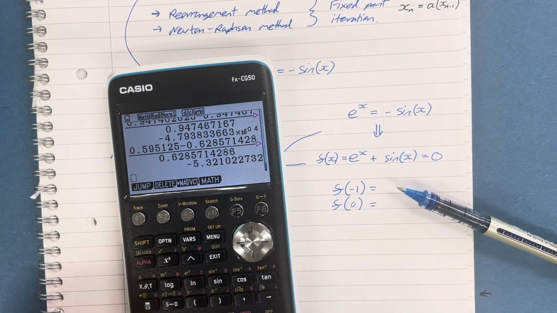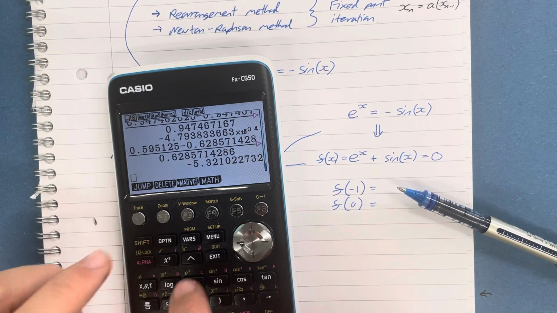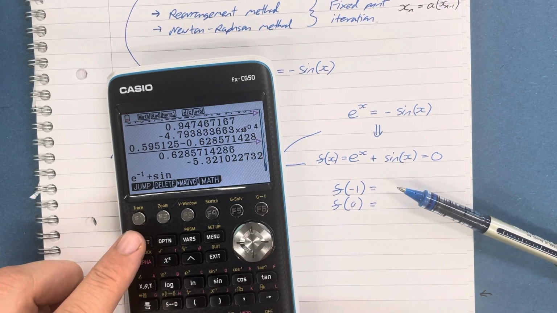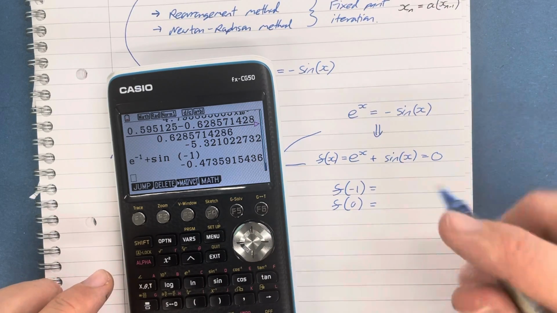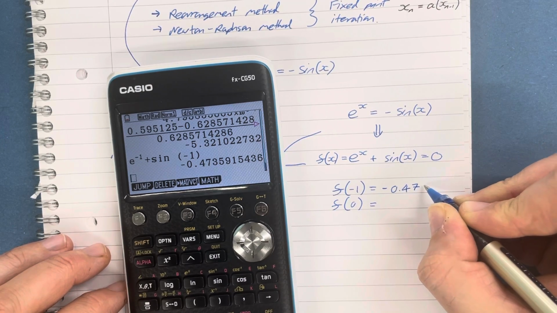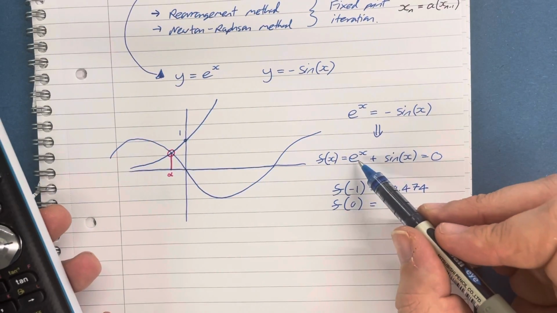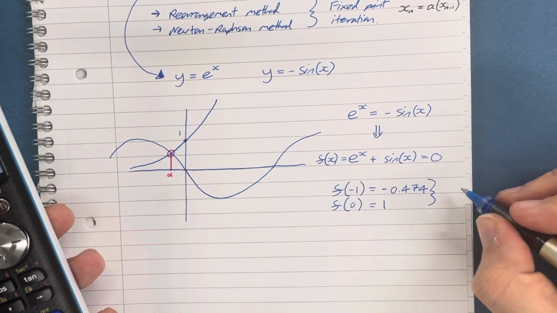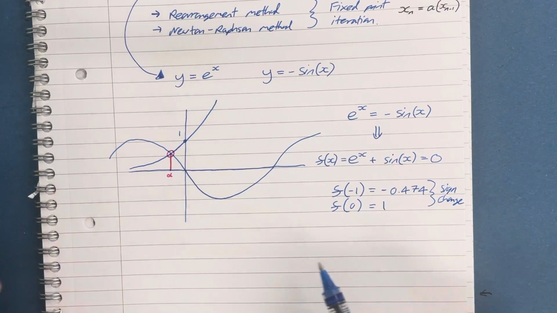So I calculate e to the power minus 1 plus sine of minus 1, and I'm in radians for this, I get minus 0.474. It doesn't overly matter, it's the sign that I'm interested in, it's negative. And if I plug in x is 0, I'm going to get 1 plus 0, which is 1. So because there's a sign change, i.e. it's gone from negative to positive, it means there's a root in between them.